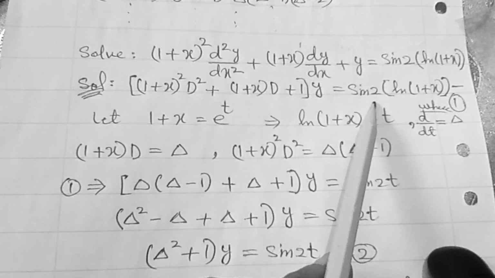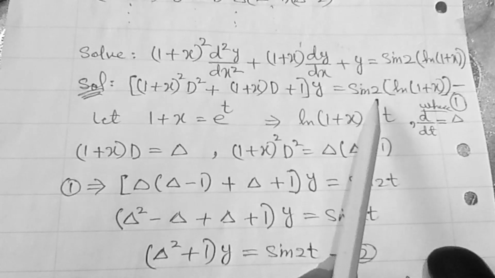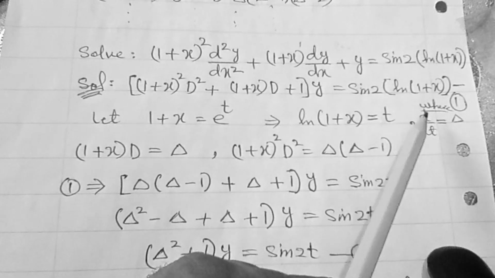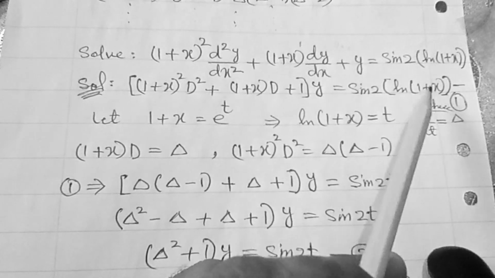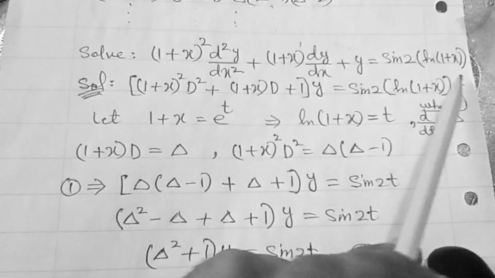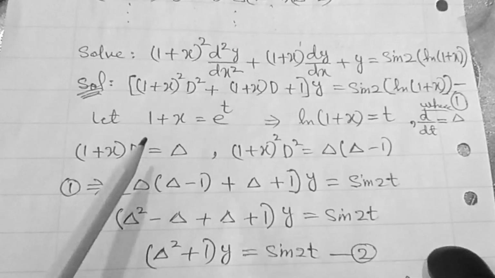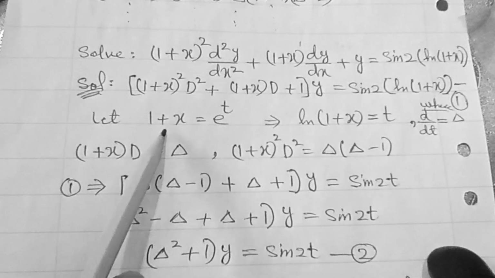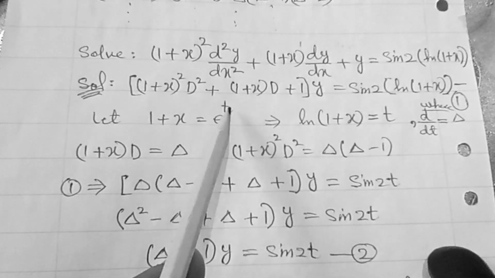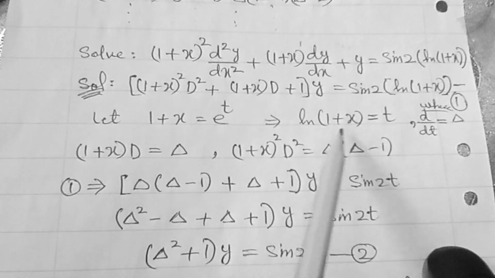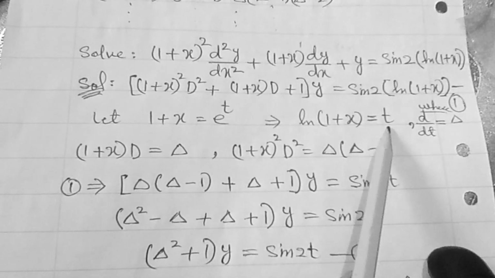For instance, sin 2 ln(1 + x) will remain as it is. We will consider here 1 + x equal to e^t. So log of (1 + x) would be only t.